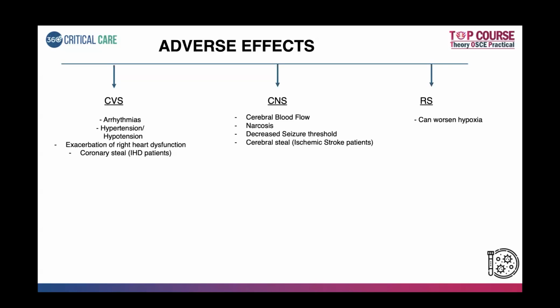Whereas in CNS, it can cause an increase in cerebral blood flow, which can lead to an increase in ICP, can lead to narcosis, it can cause a decrease in seizure threshold, and it can lead to a cerebral steal phenomenon in patients with ischemic strokes. And in the respiratory system, it can worsen hypoxia, though it's a very rare scenario, but it is a possibility.